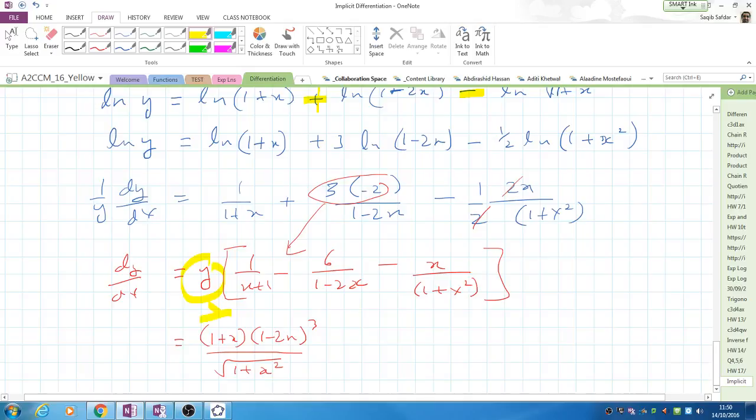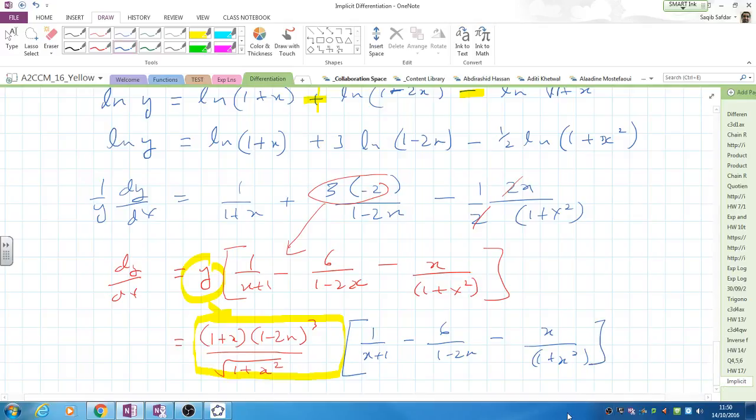So this y is just this part here, and then times by what we've got inside the bracket: 1 over 1 plus x, minus 6 over 1 take away 2x, minus x over 1 plus x squared. And that's it. We're done.